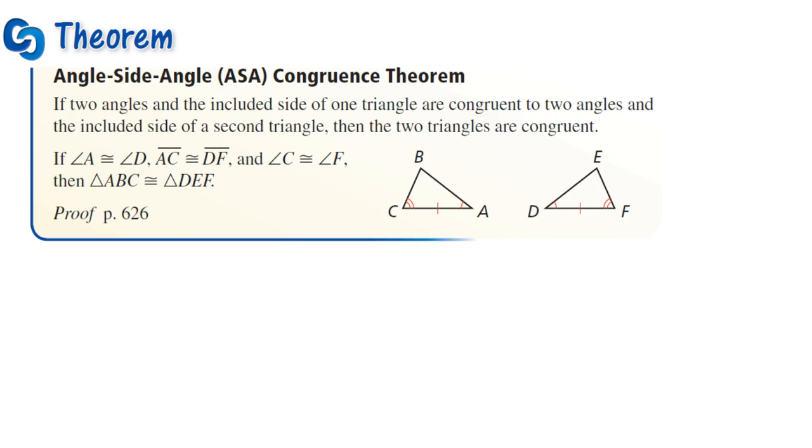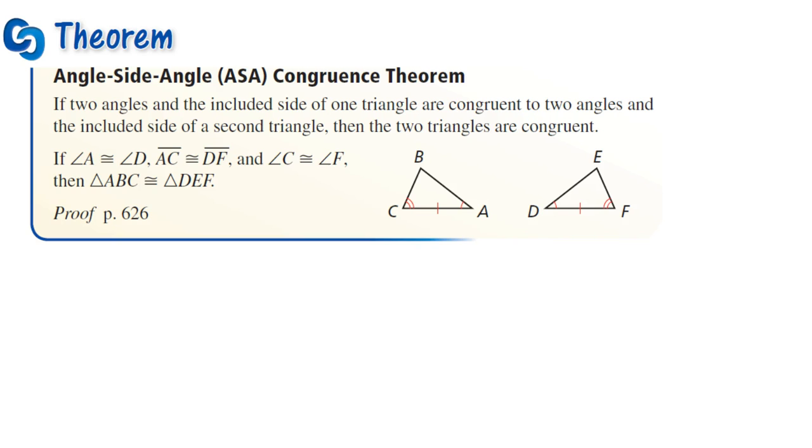The first theorem we're going to look at is called angle-side-angle. And it says, if two angles and the included side of one triangle are congruent to two angles and the included side of a second triangle, then the two triangles are congruent. So we've talked about included angles, but we haven't talked yet about included sides.